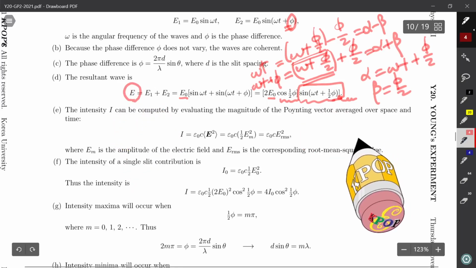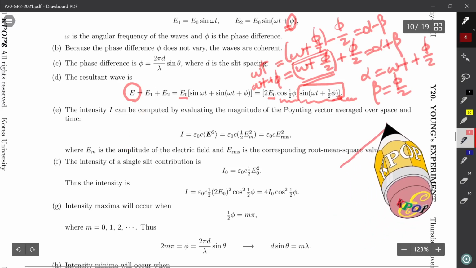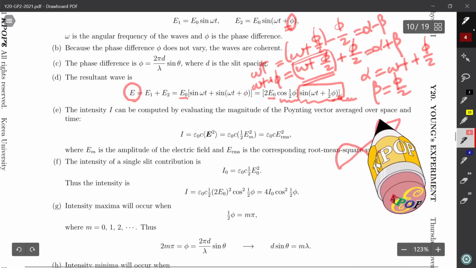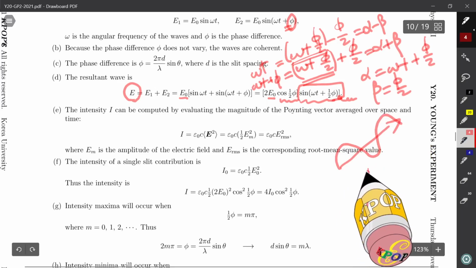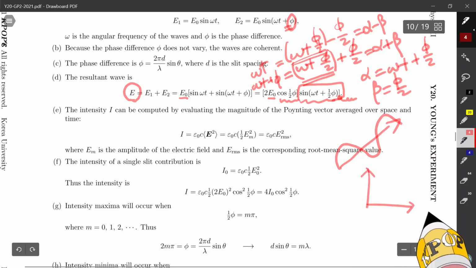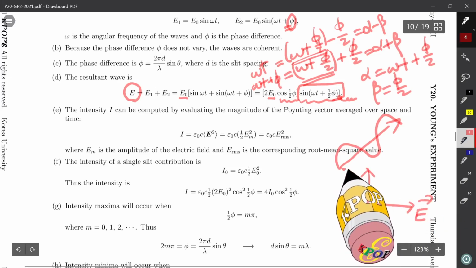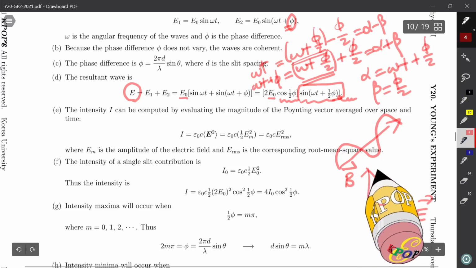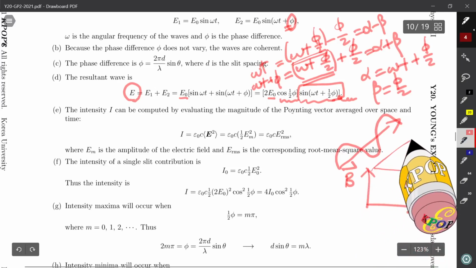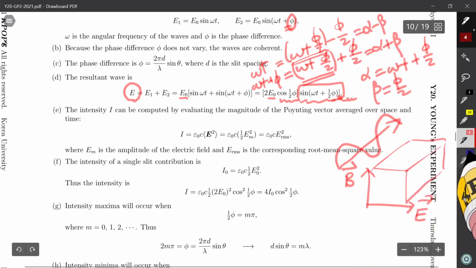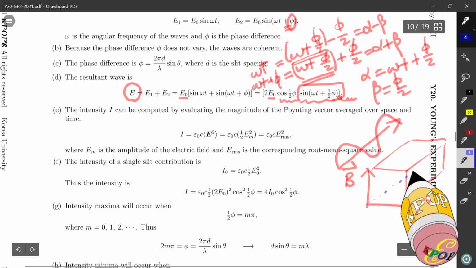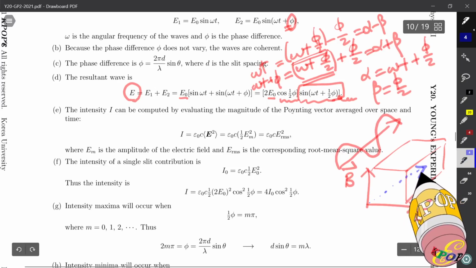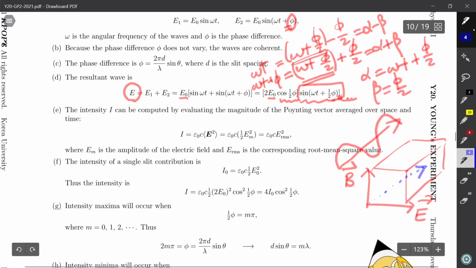We know that the electric field propagates along a certain direction this way, and in 3 dimensions we have electric field and magnetic field. This is the propagation of the electromagnetic wave.